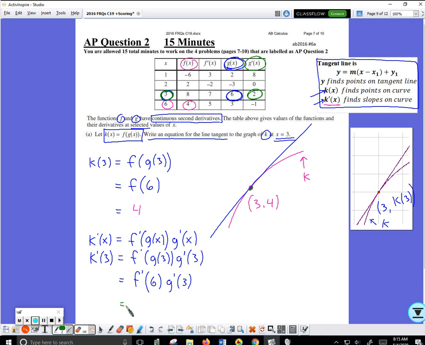F prime when x is 6 has a value of 5. So this will be 5 multiplied by 2, which is 10.